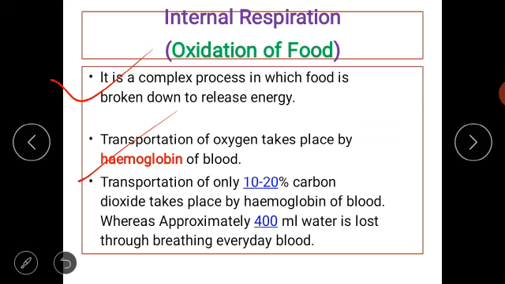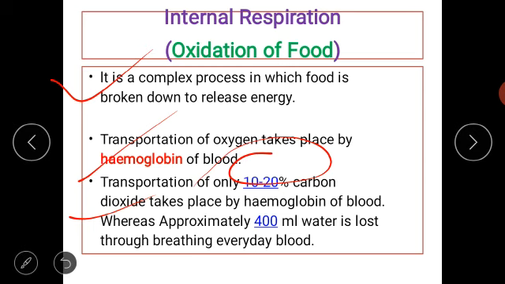So hemoglobin carries oxygen, and it also carries 10 to 20% of carbon dioxide. Another fact about breathing is that approximately 400 ml of water is lost through breathing every day, for a whole day, meaning 24 hours. In 24 hours of breathing, we lose 400 ml of water from our body.